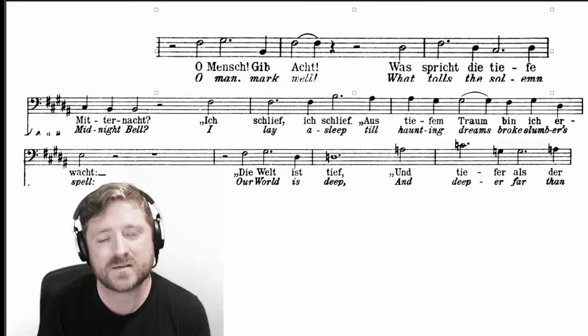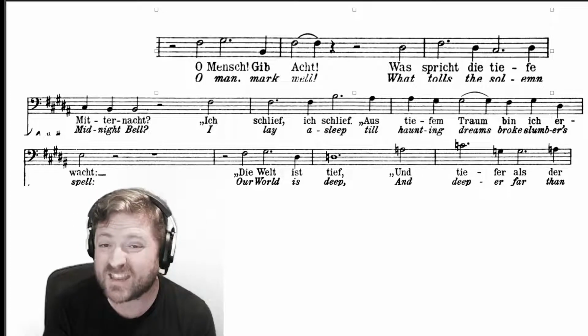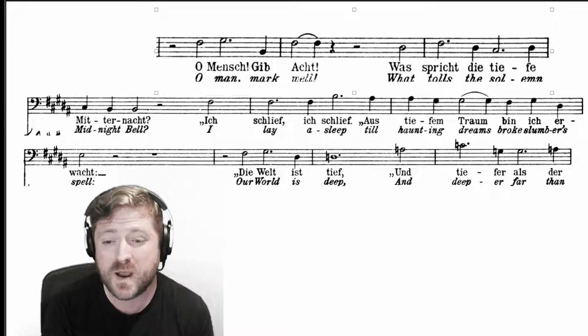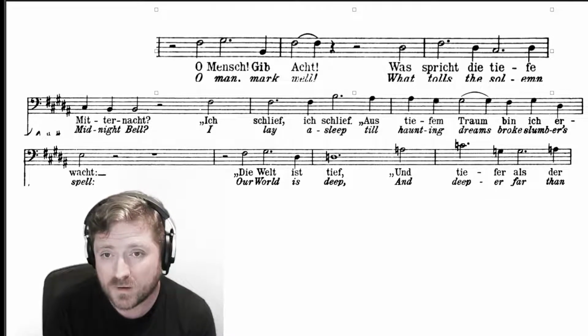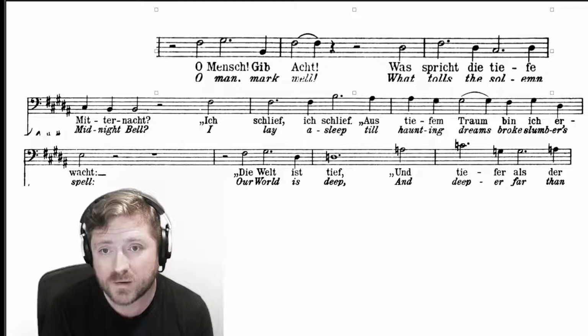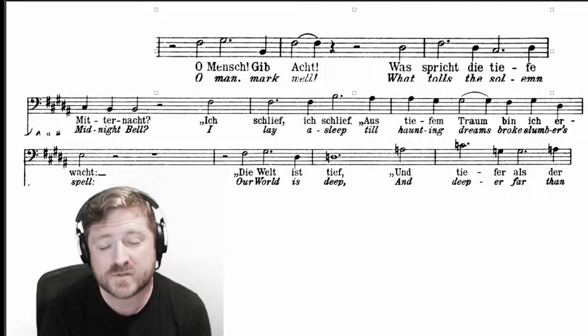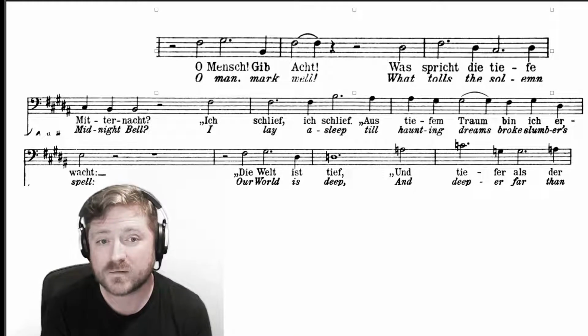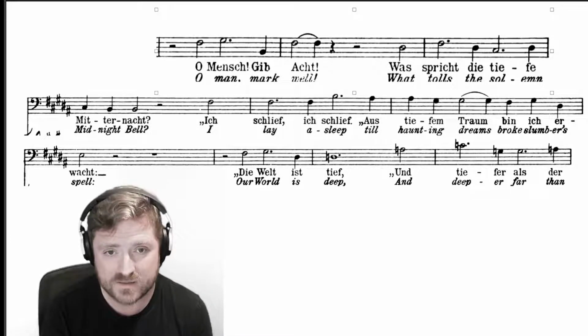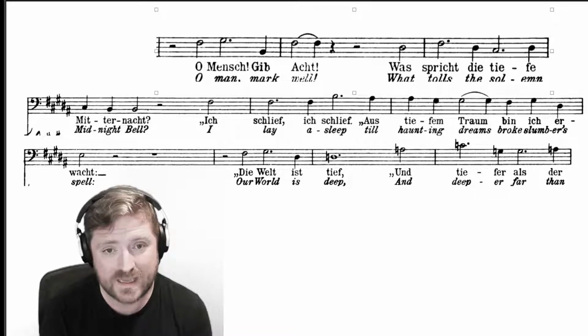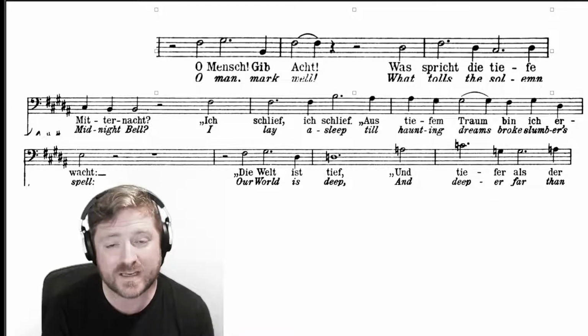So we've got a rising second, dropping a 6th, and then up a 5th. O Mensch, gib Acht. Then we've got this interval. Lots of tones. We've got a minor 3rd, and then lots of major seconds. Then from the B to the F on Ich schlief on the second line, that's a 5th.